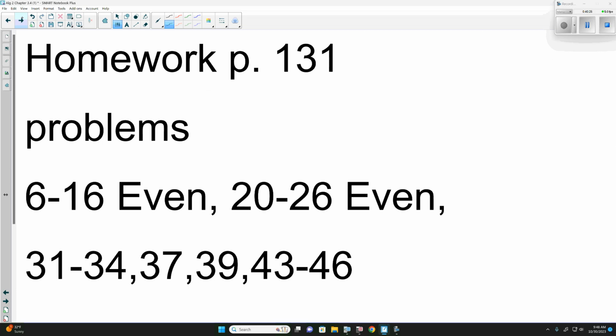It does seem like a lot of problems, because the first set, 6 through 16 even, you're simplifying radicals or square roots in terms of i. 20 through 26, powers of i. So the first one's i to the 94th, reducing it to i, negative 1, negative i, or 1. 31 through 34, addition, subtraction. 37, 39 is also addition, subtraction.